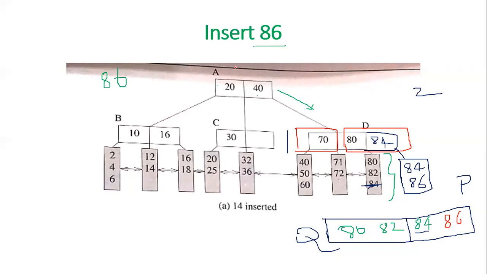So if 80 goes to the parent, 80 will come here. Left of 80 will point to this, and right of 80 will point to this. So to the right of 80 we have 80 and 82.